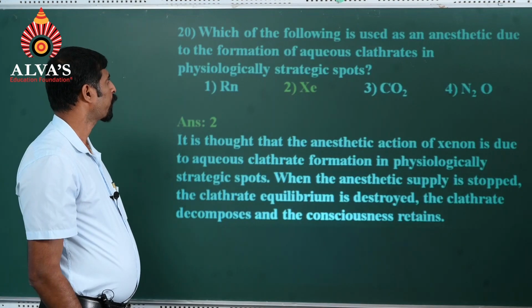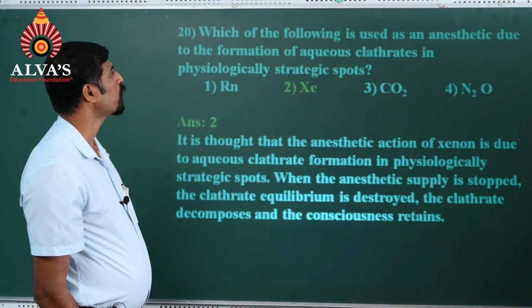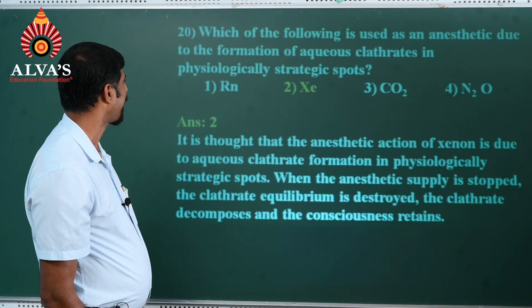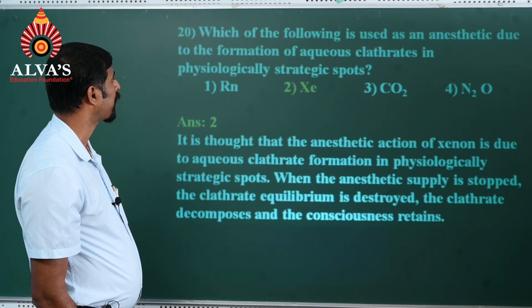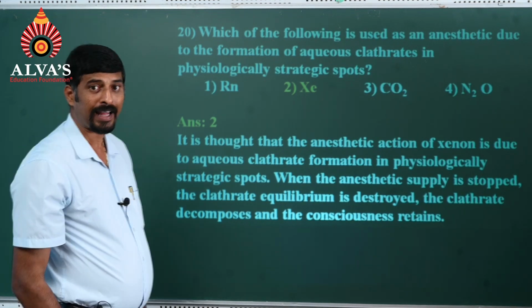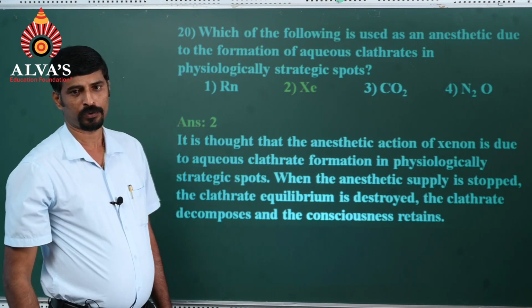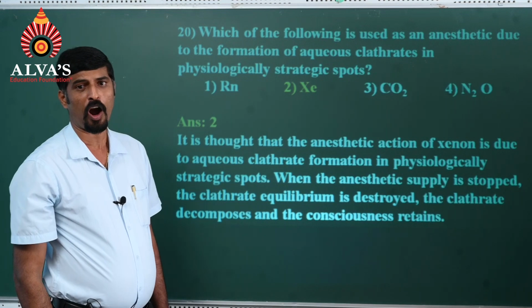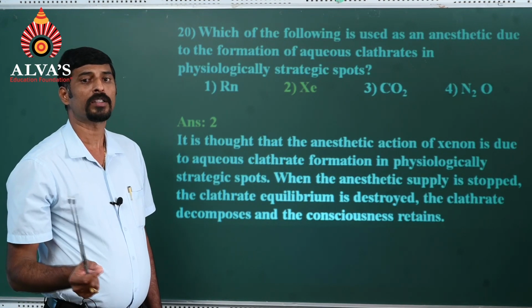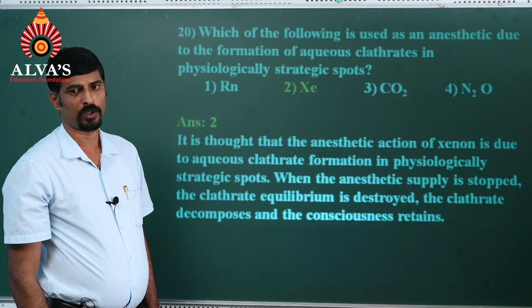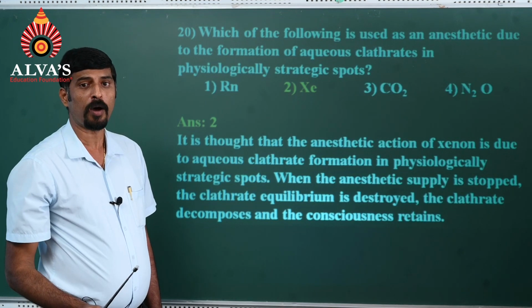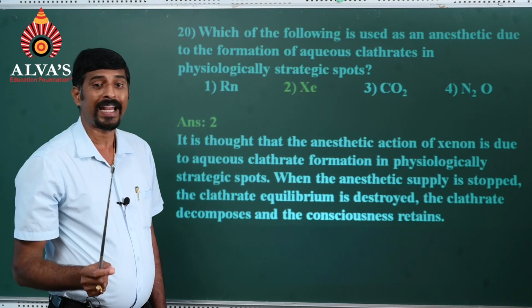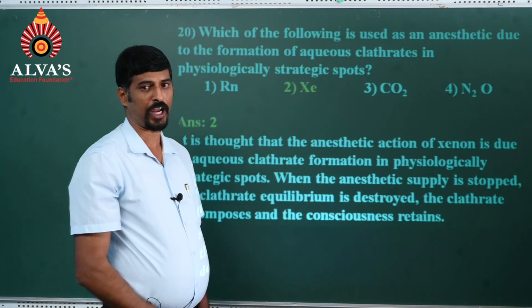Let's move on to question number 20. Which of the following is used as an anesthetic due to the formation of aqueous clathrates in physiologically strategic spots? The clathrates are cage compounds in which the noble gases are trapped in the cavity of organic or some of the inorganic compounds. Now, xenon forms clathrates in aqueous media so that it acts as an anesthetic.